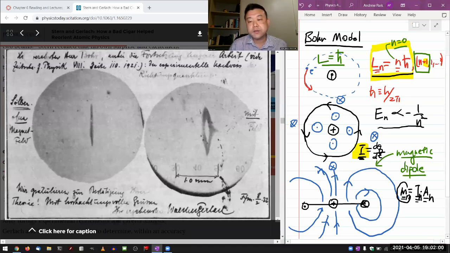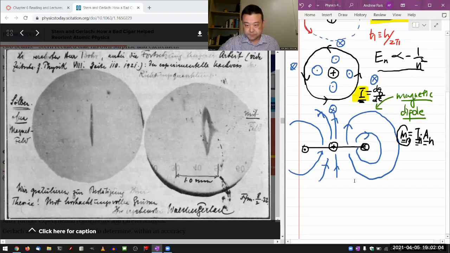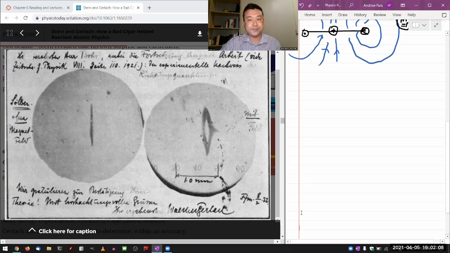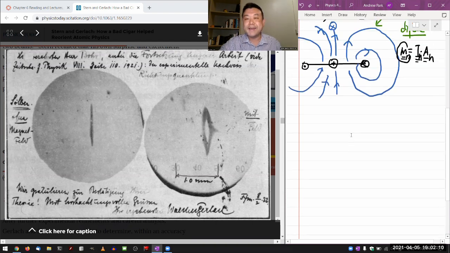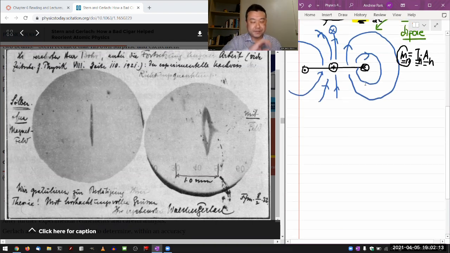So let's try to be more correct about this. This is the kind of incorrect semi-classical idea. The more correct picture is that you would have a ground state atom, whether it's a silver atom or a hydrogen atom.